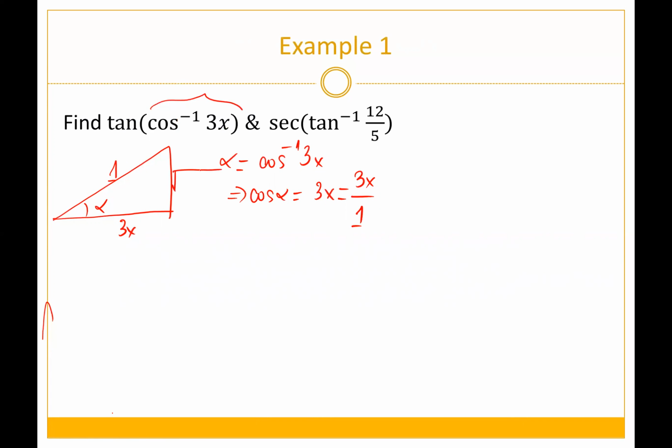The opposite side of the angle is going to be the square root of 1 minus 9x squared. So I replace the inverse cosine of 3x with alpha, then my tangent of alpha is going to be the square root of 1 minus 9x squared over 3x. So that's my answer for this question.